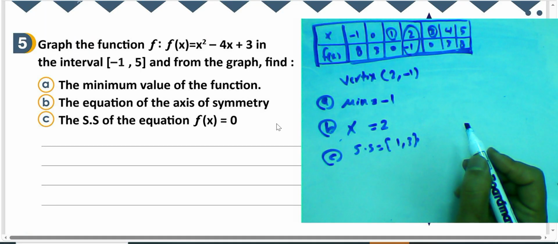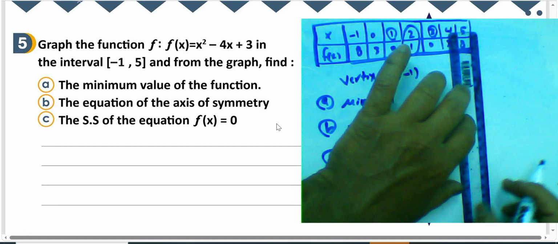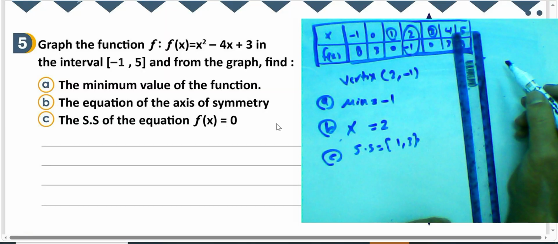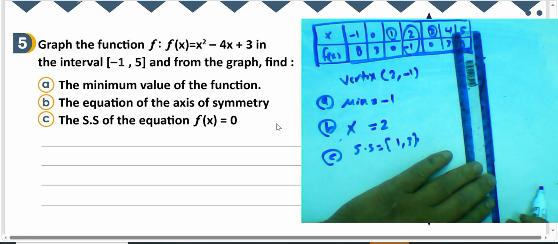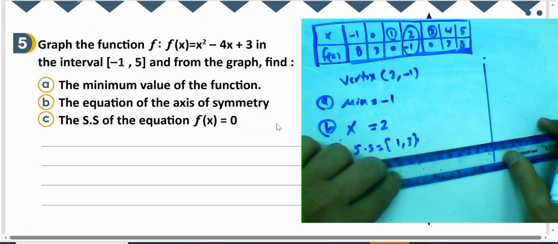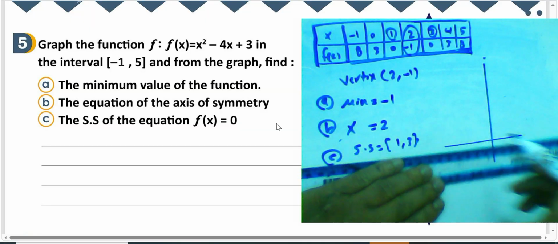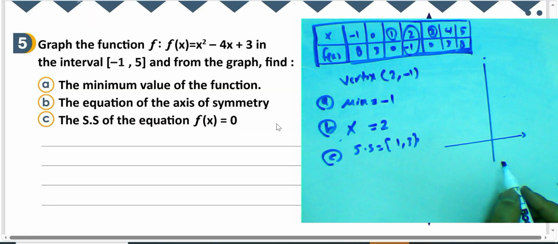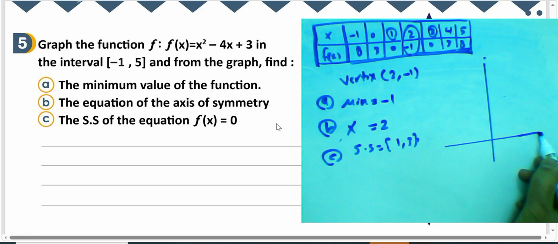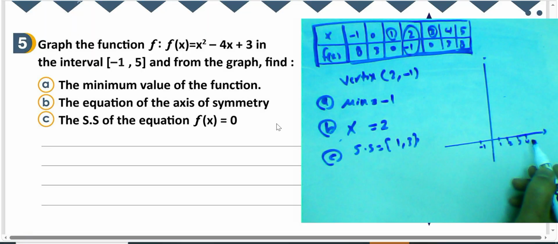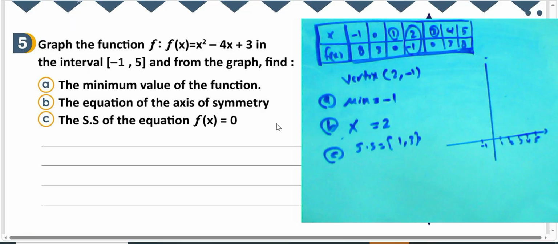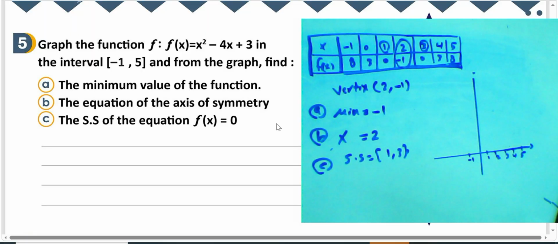Now I will draw the function graphically here on the x-axis and y-axis. In all the solutions here, the image goes up to 8. So you draw from negative 1 to 5. We have negative 1, 1, 2, 3, 4, and 5. Like this.